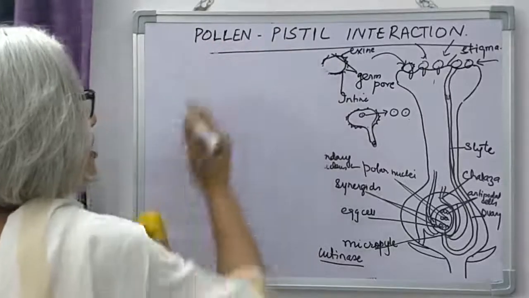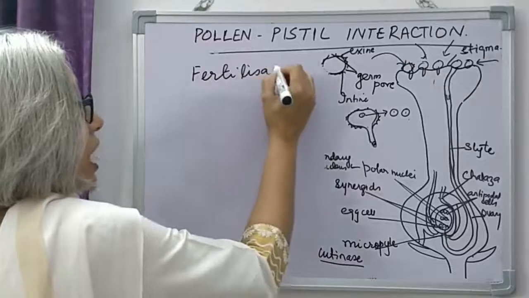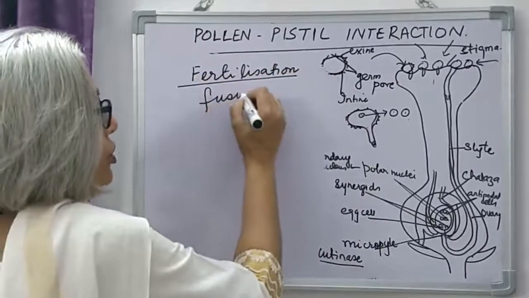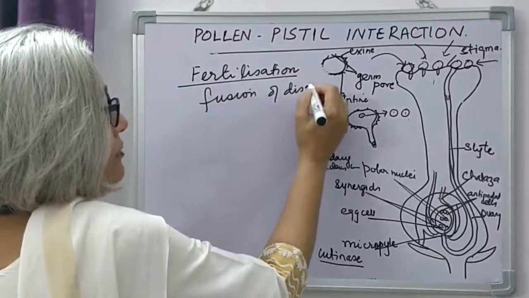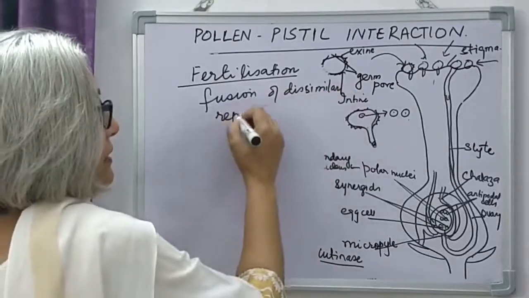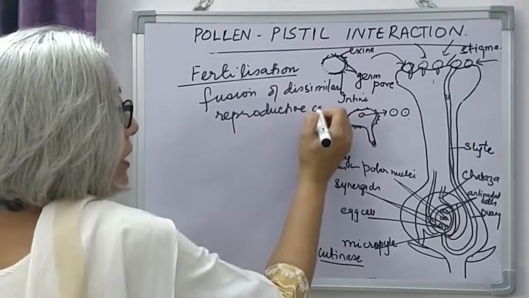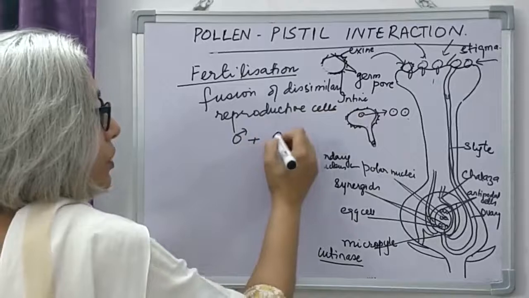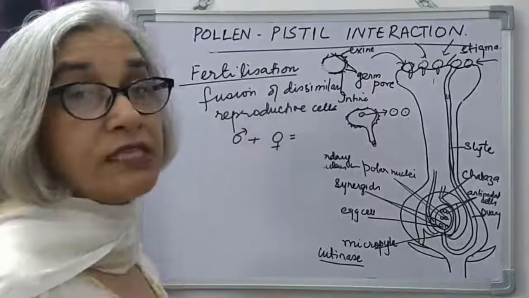That is termed as fertilization. And fertilization means fusion of dissimilar reproductive cells, male and female cells. They fuse, and that is called male gamete fuses with the female gamete, resulting in the formation of zygote.